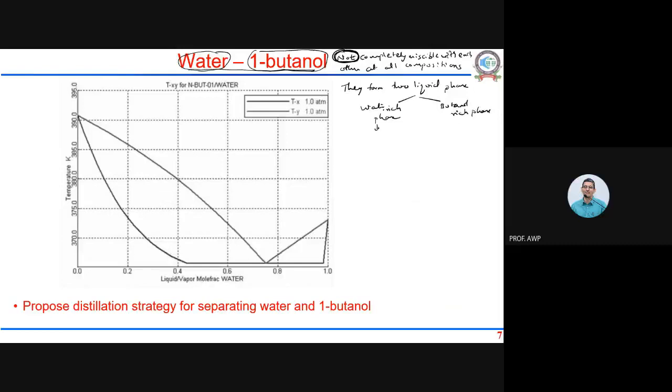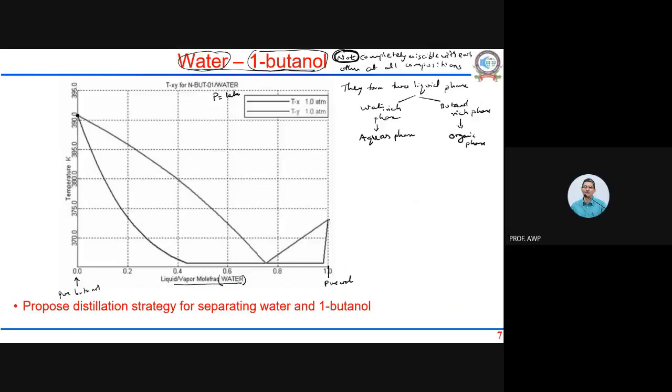We will call this the aqueous phase, and we will call this the organic phase. So if you look at data at 1 atmosphere and we plot mole fraction of the more volatile component, water, this is the boiling point of pure butanol. So this is pure butanol, and this is pure water.